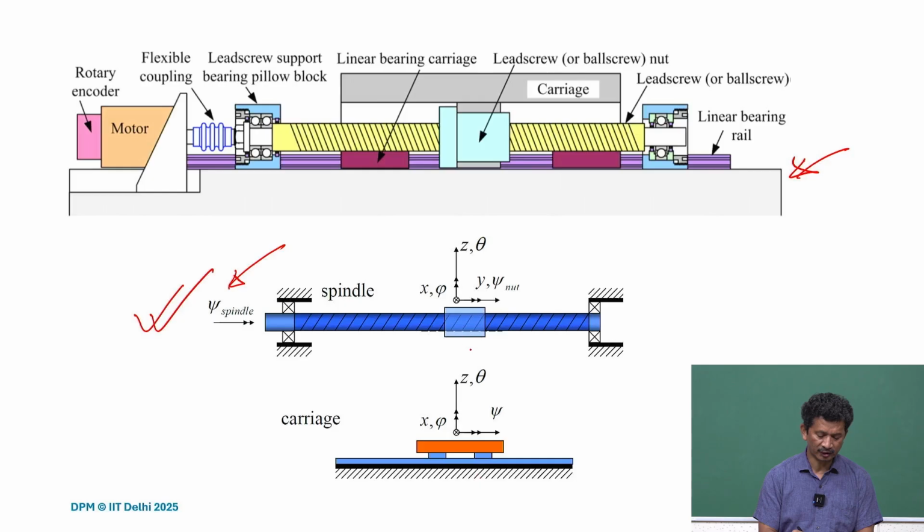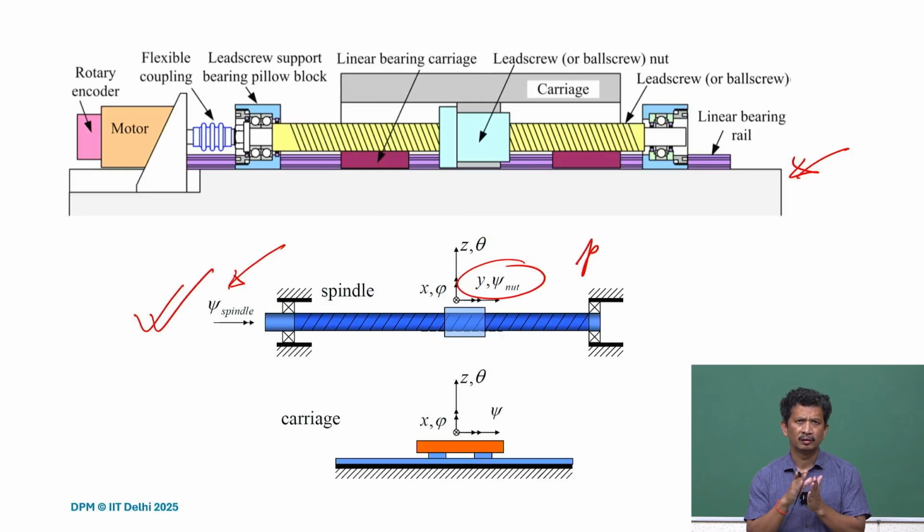And if you check the nut here, the translation and the rotation along that axis is related through the pitch of the screw or the lead. So one rotation will move by one lead, depending on how many starts there are. Usually one start, so the lead will be equal to the pitch of the ball screw.